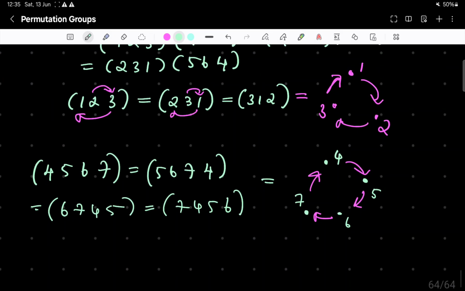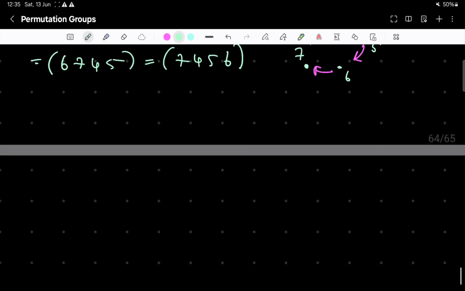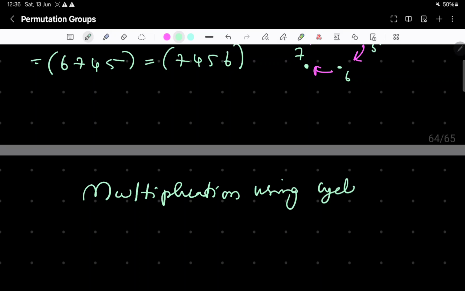Now if you are given two permutations in cyclic notation, how do you multiply? Okay, multiplication using cycle notation.